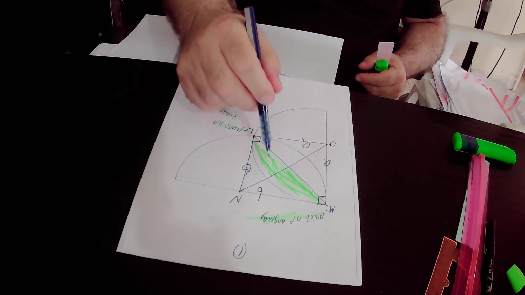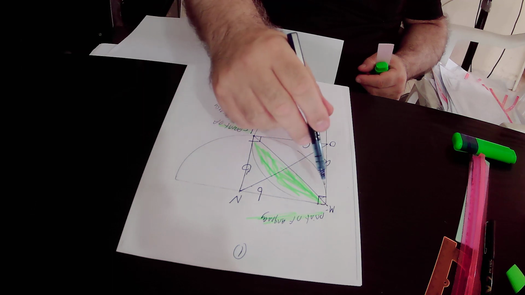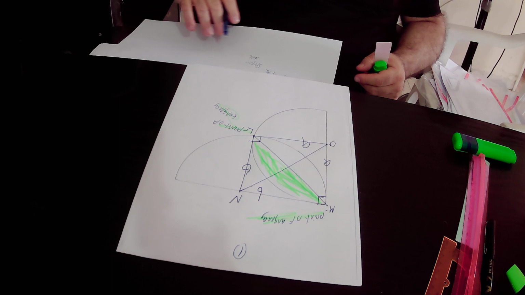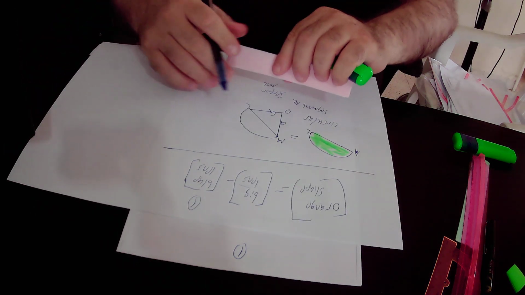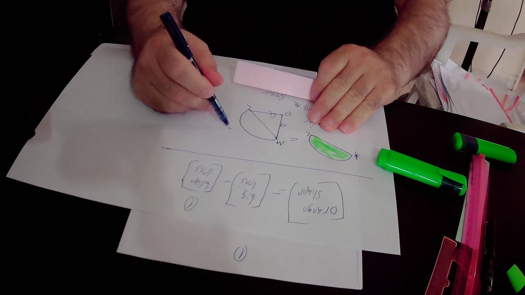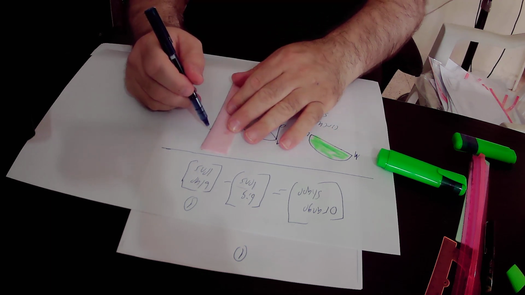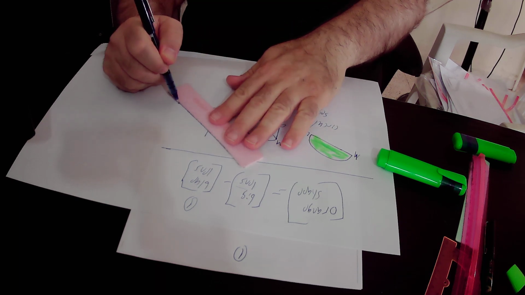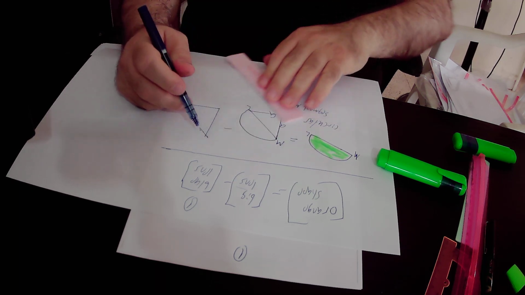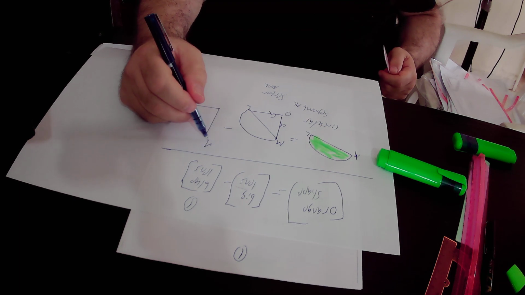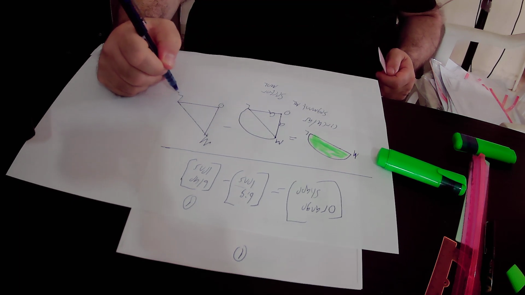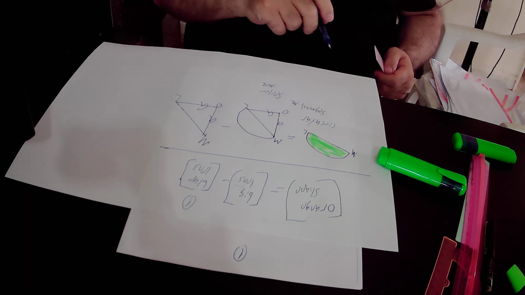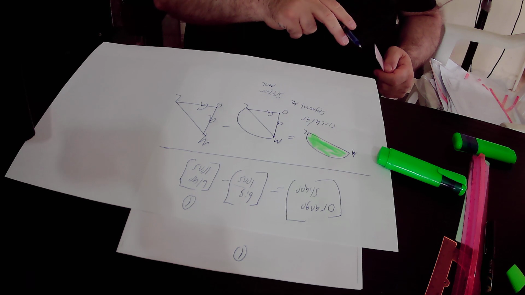Here we'll subtract from the area of sector MOL the area of triangle MOL, this triangle, and this will give us the area of circular segment ML.